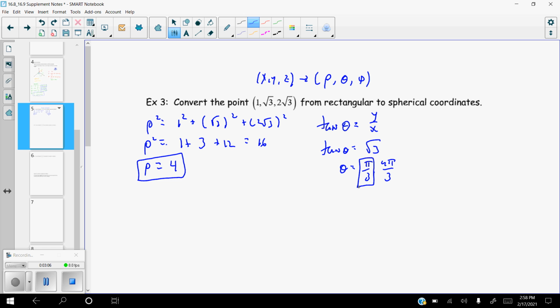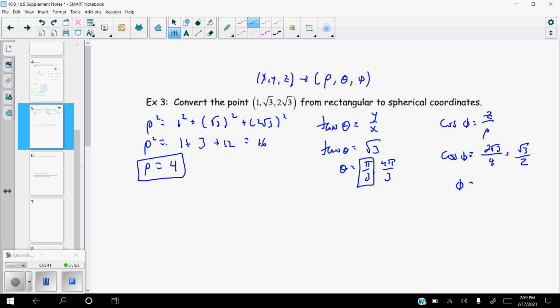And then we need to find phi. There are multiple ways you could go about finding phi. I'm just going to go with one of them, which is that cosine of phi equals z over rho. So cosine of phi is going to be z, which was 2 square root of 3, over rho, which is 4, which simplifies to square root of 3 over 2. That makes things a lot nicer.